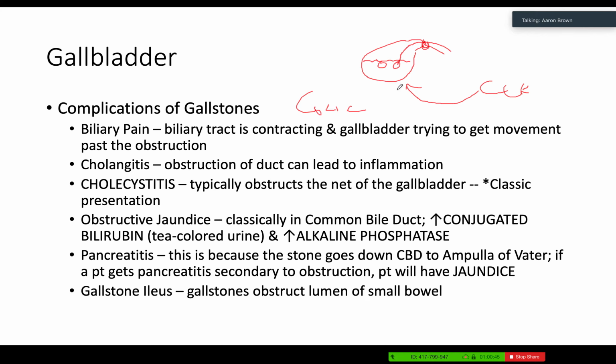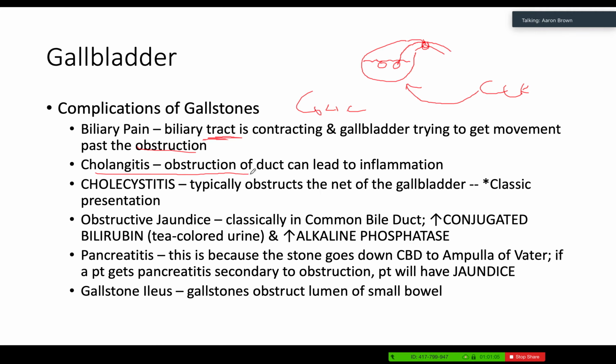Now we have a bladder that's trying to contract against an obstruction. That causes pain. The gallbladder is trying to contract and trying to get the movement past the obstruction.